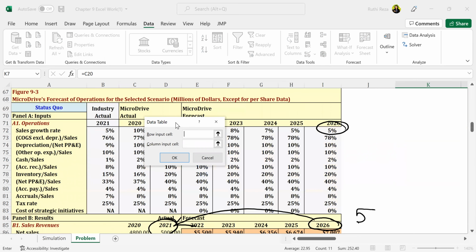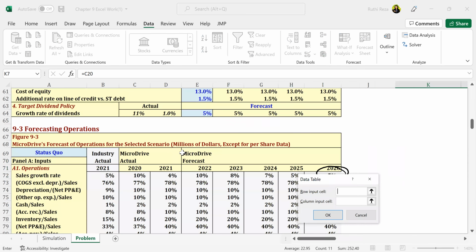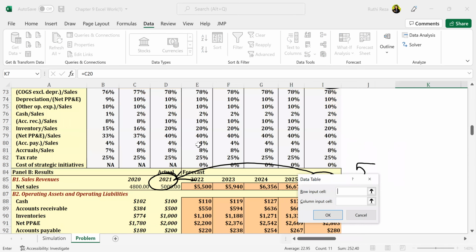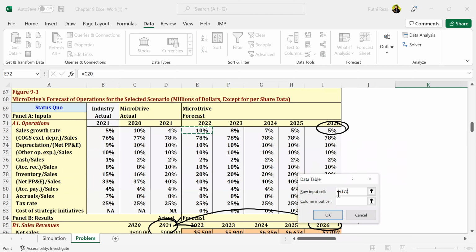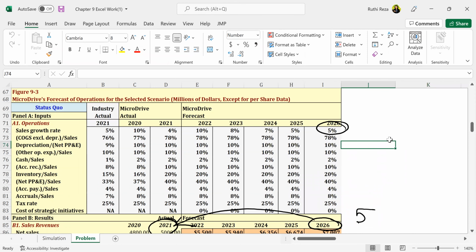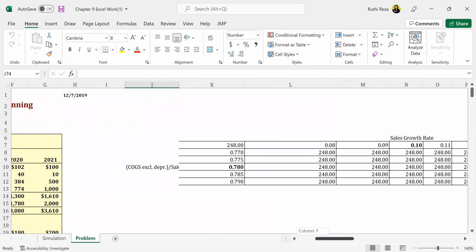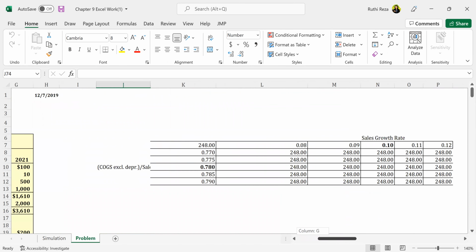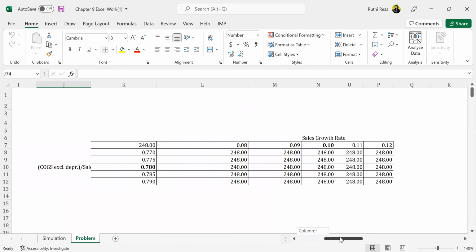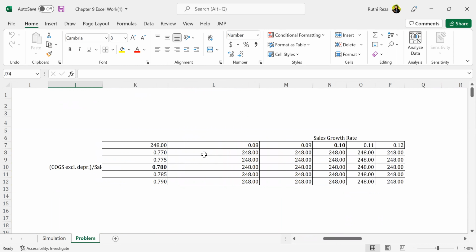Okay. All right. So choose it from here, 10%, and then 78%. Hit OK. Let us check if we get it right now. So here, okay, there must be something wrong. Let me figure it out.